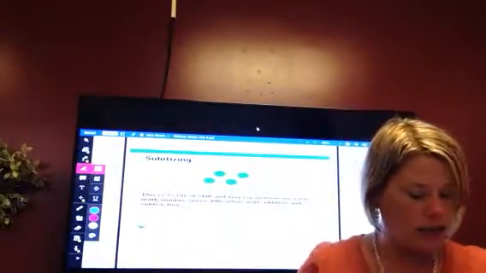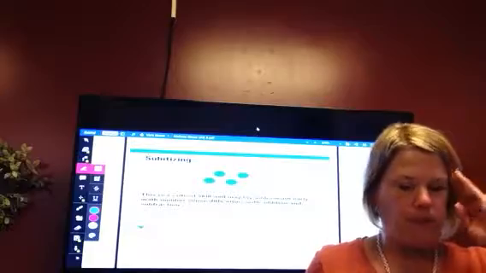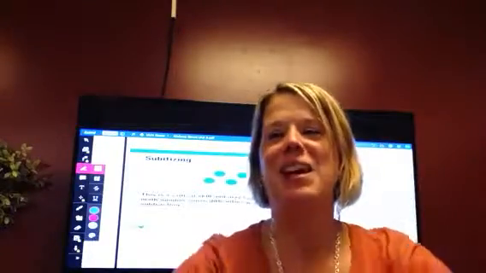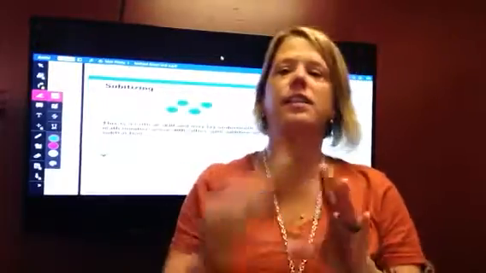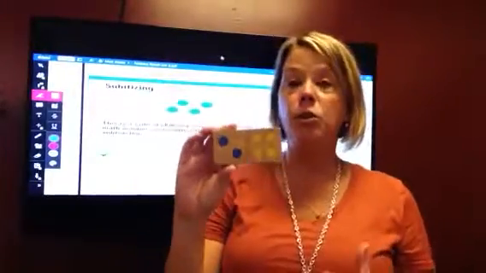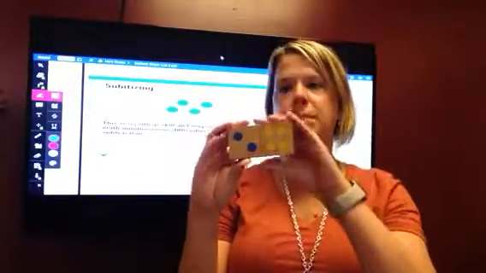Okay. We can also use dominoes to help us with this. So for instance, I have these colored dominoes. There's 2 pattern pips, if you will.